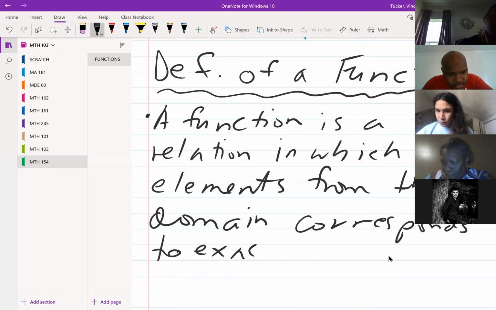All right, so definition of a function. A function is a relation in which the elements from the domain corresponds to exactly one element in the range.